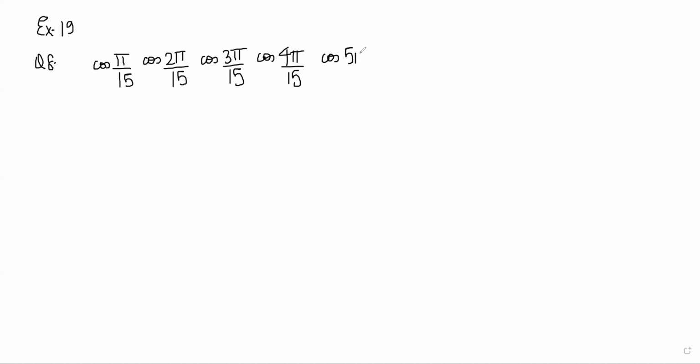Question 8 is saying cos of pi by 15, cos of 2 pi by 15, cos 3 pi by 15, 4 pi by 15, 5 pi by 15, till 7 pi by 15. All the 7 ones. We have to prove that this is equal to 1 by 2 to the power 7.